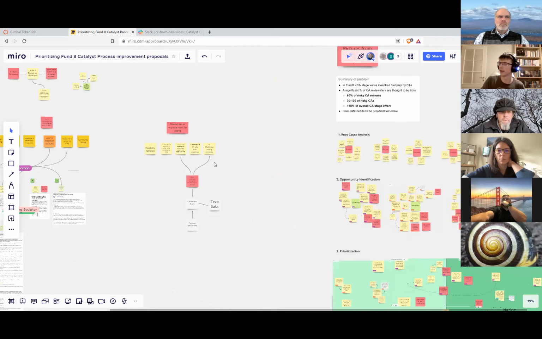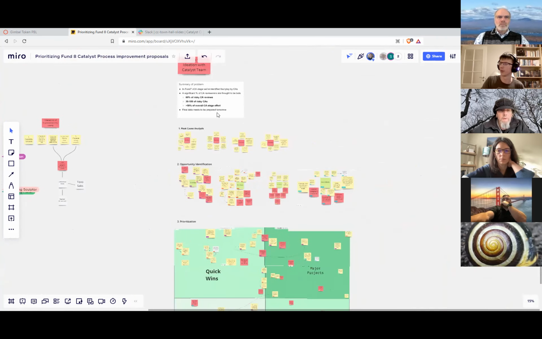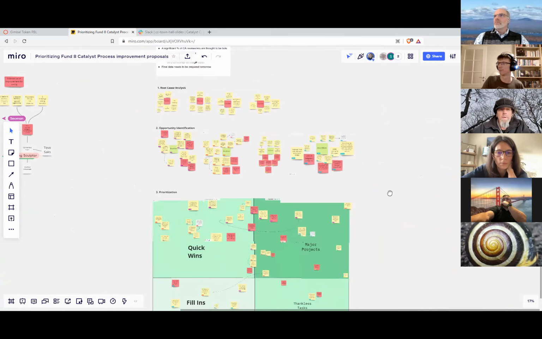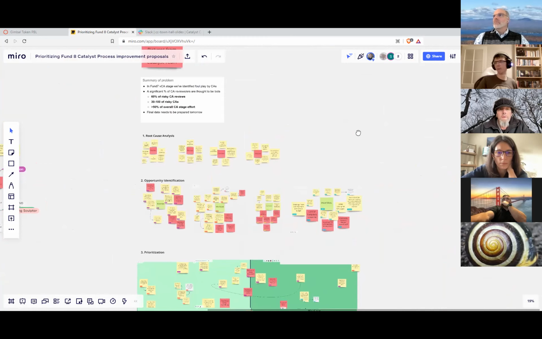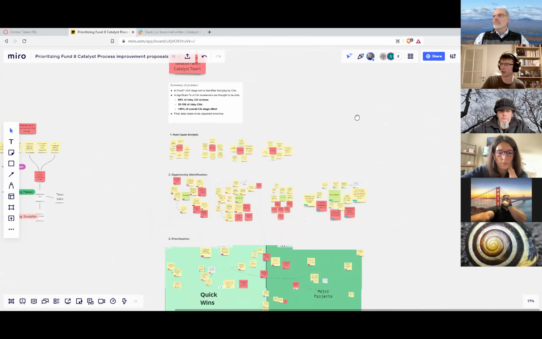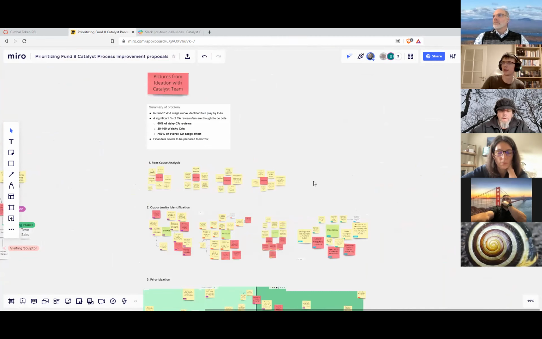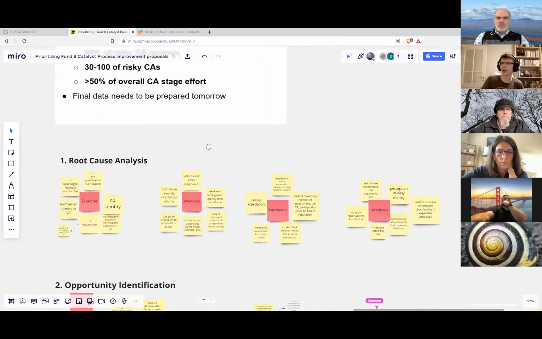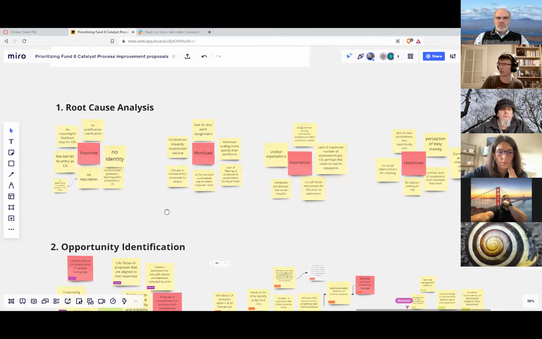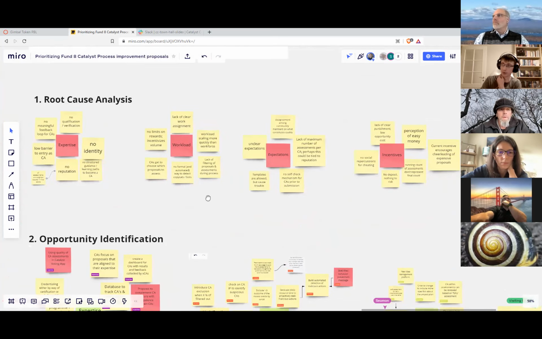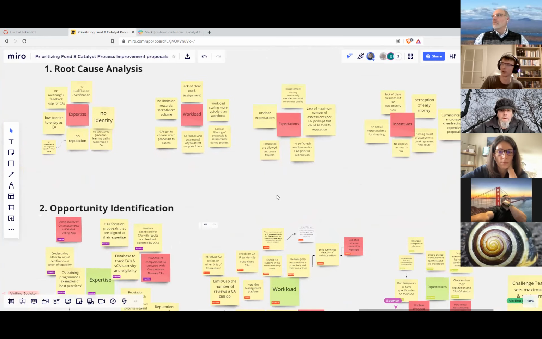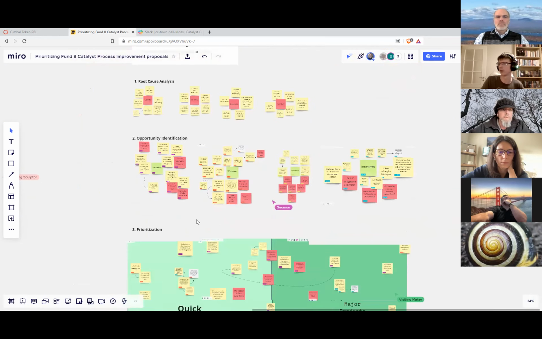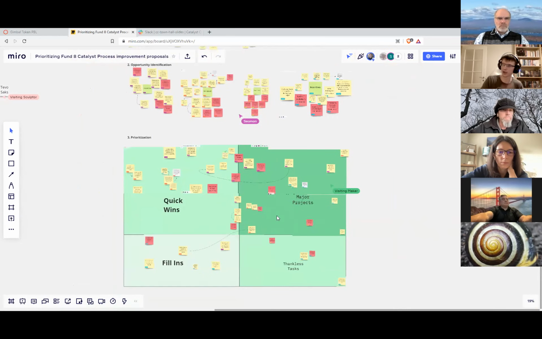On the right side is today's session with the Catalyst team, mainly consisting of IOG members, where today we ideated on the main problems we have, root cause analysis like expertise, workload, expectations, and incentives, and came up with some solutions, brainstormed that, and finally we added it on a board.